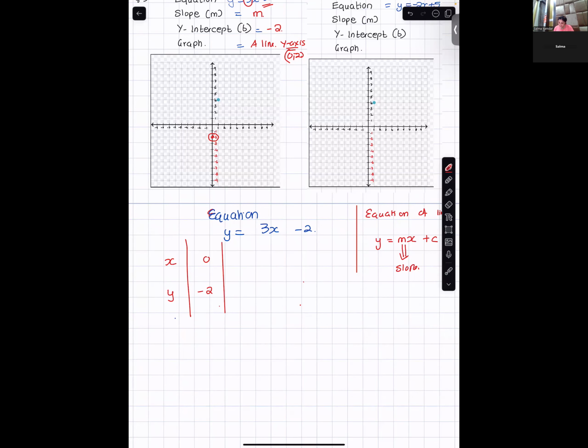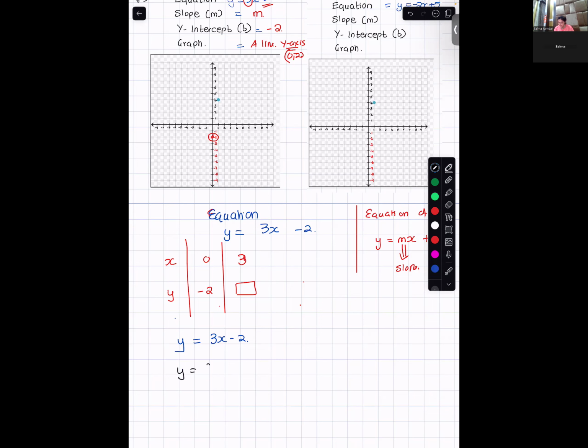Next one, if x is 3, you can take any random number. What will be y? I have to solve and find out y. My equation over here is y is equal to 3x minus 2. If x is 3, in place of x, I will put 3.